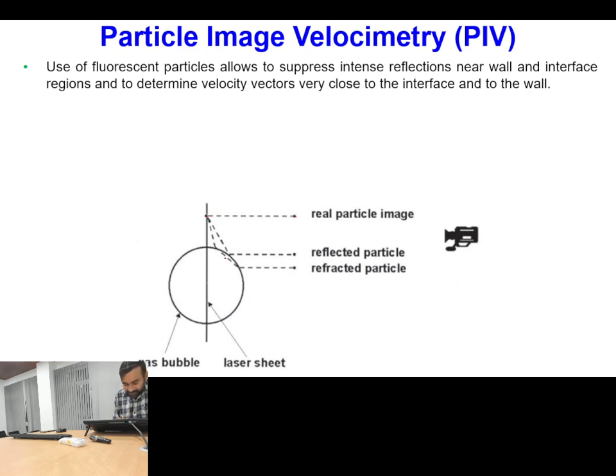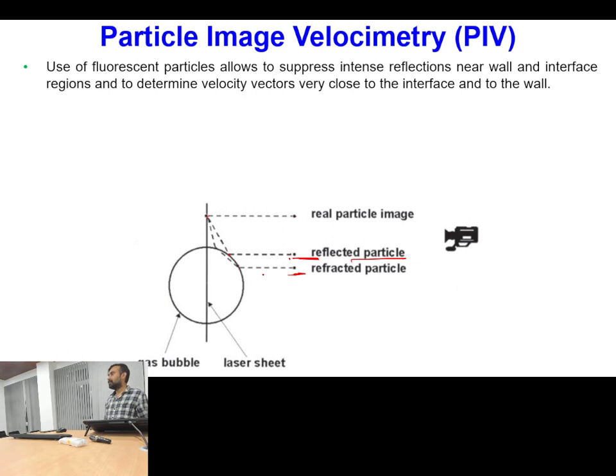Second, the ray can be reflected from this point, and on returning it gives a particle location like this, which is called a reflected particle. Third, it can refract at two places and give another particle.